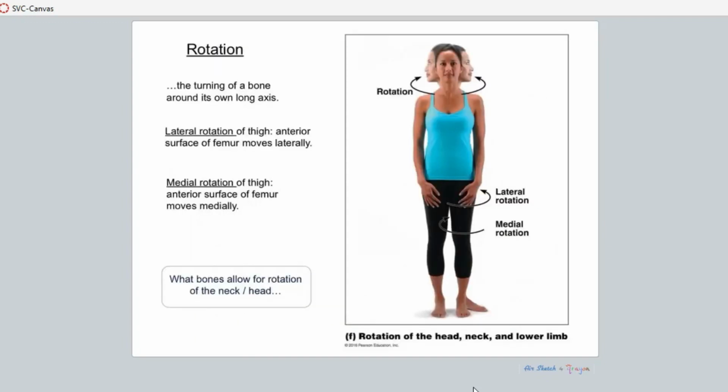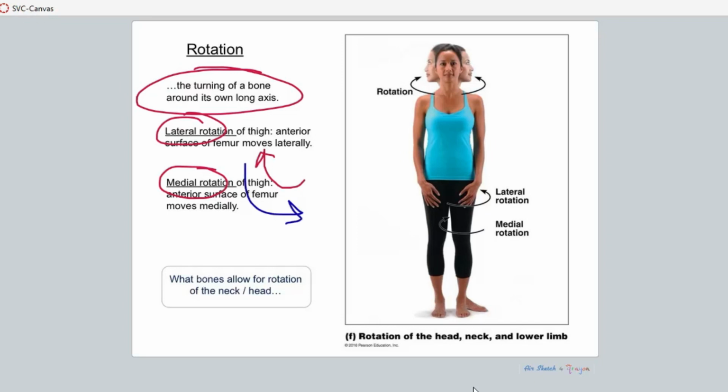Another type of movement that we have is rotation. Rotation is where we turn a bone on its axis here. So we have lateral rotation and medial rotation. As you guys can pick up, lateral rotation is when you move laterally away from the midline. Medial rotation is when you move it back toward the midline.